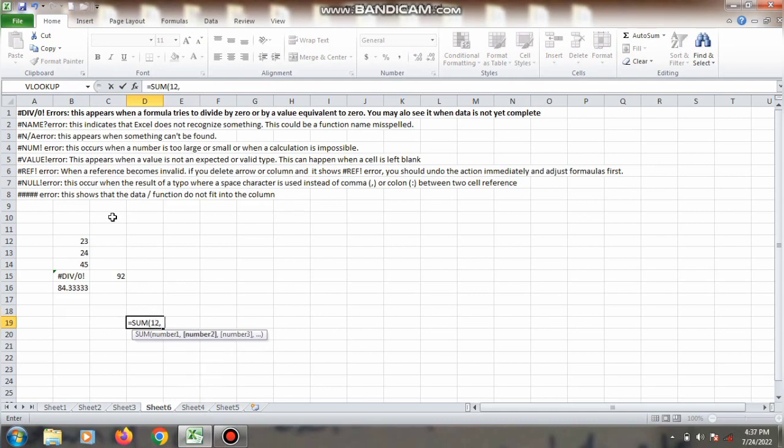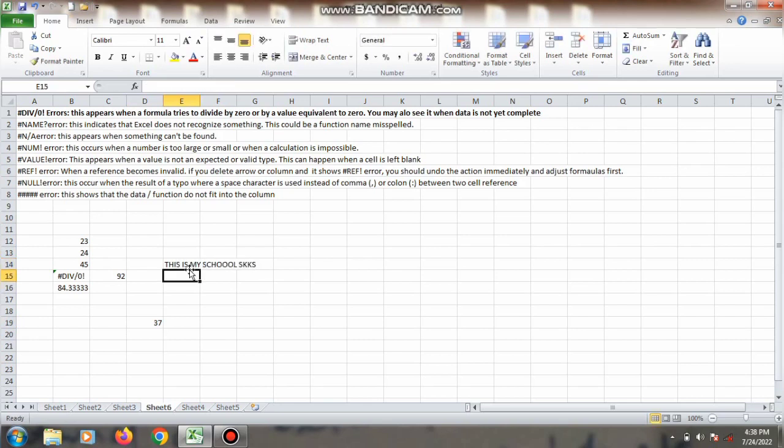But any error that you find and you can't get, just try as much as possible to go to your formula bar and make the adjustment. And when you have the ##### error, it means what you have input is too long for the column to display.